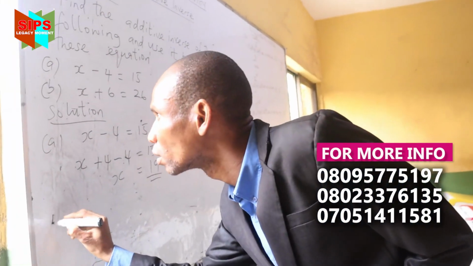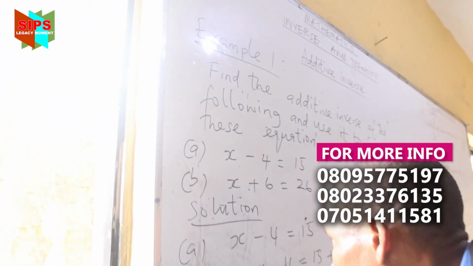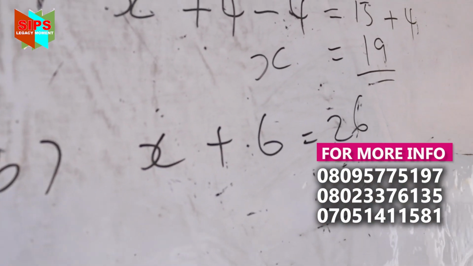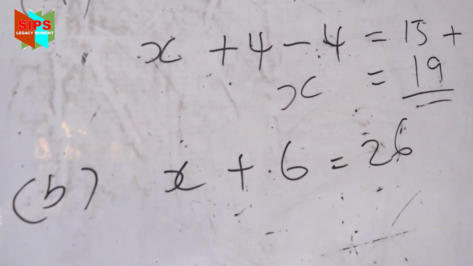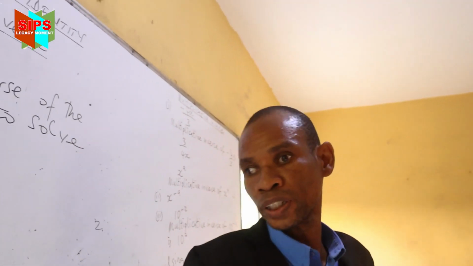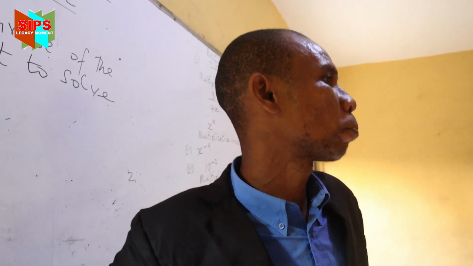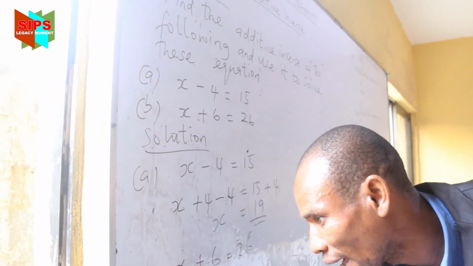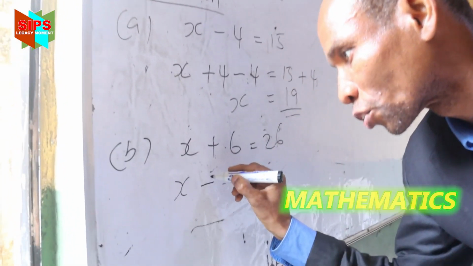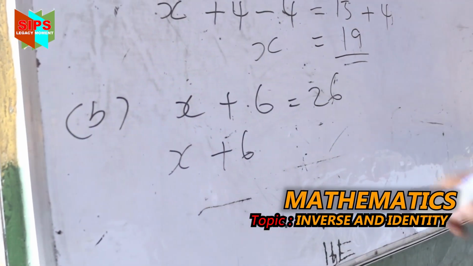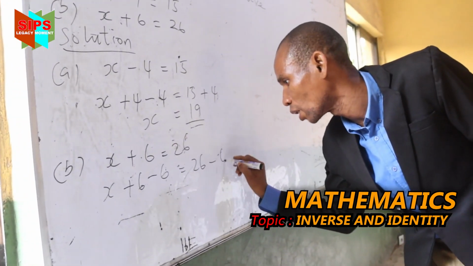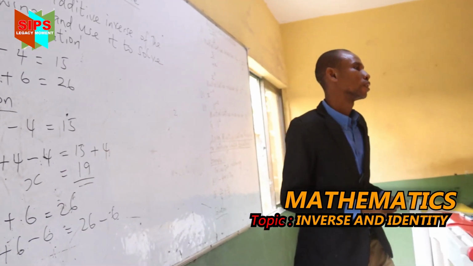Let's take the B part. x plus 6 is equal to 26. Now, the point of focus is on 6. So the additive inverse of plus 6 is written as minus 6. We can now say that x plus 6 minus 6 is equal to 26 minus 6, because we are subtracting from both sides.